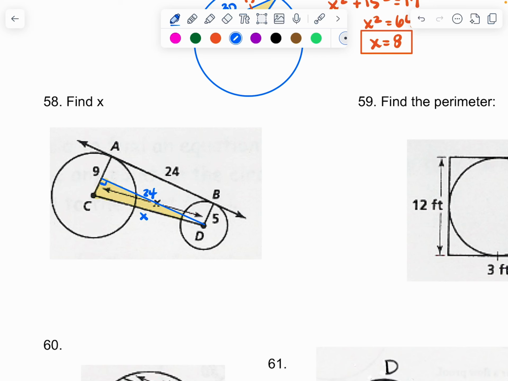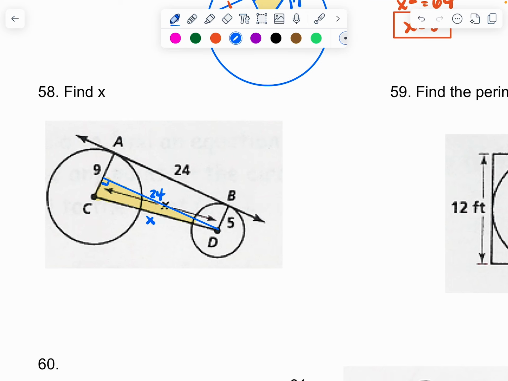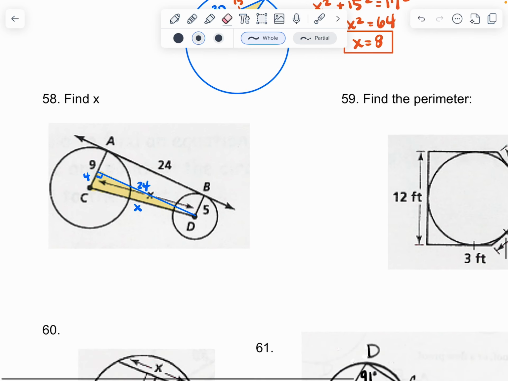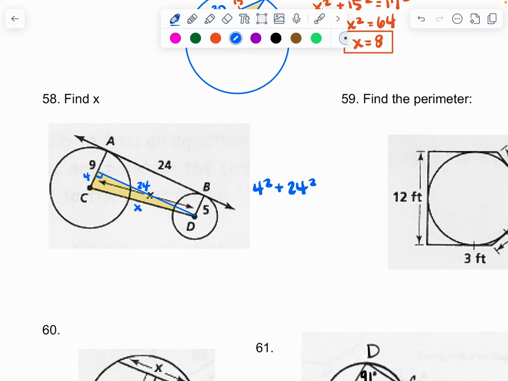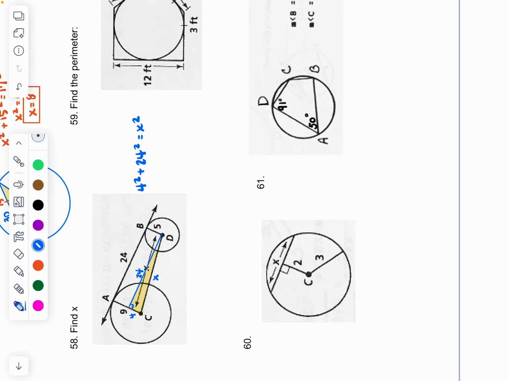And then we now know that if this is 5, this is 5, which means this piece is 4. There we have it. So now we've got a little Pythagorean theorem. 4 squared plus 24 squared equals x squared.